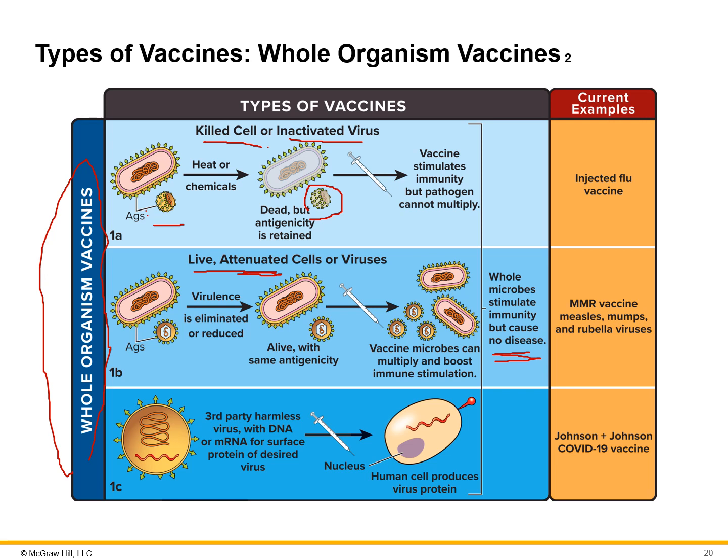And then the last one here, so adding kind of a third party, kind of harmless virus that has DNA or RNA for a surface protein. So we're giving somebody a harmless virus that contains information that triggers an immune response. And this is what happens with the COVID vaccine.